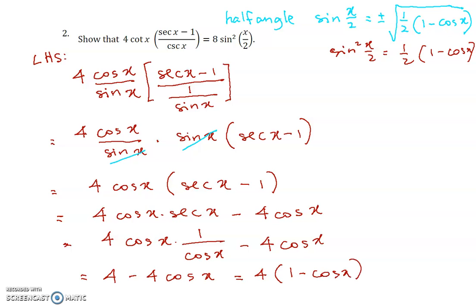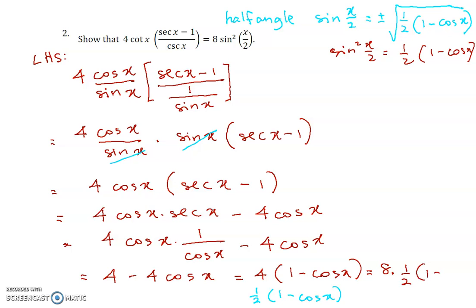Right? So we want to get this, half of 1 minus cos x. So how do you get half from 4? That means we can multiply that by 8. So this 4 is essentially 8 times half.